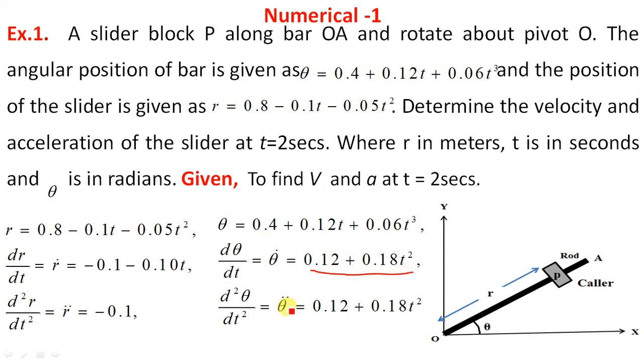Then differentiating again gives theta double dot. Again the derivative of the constant is 0, so 0.18 into 3 into t cube. This is theta double dot.